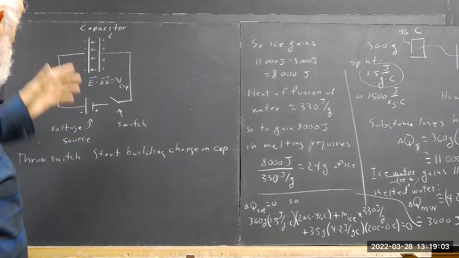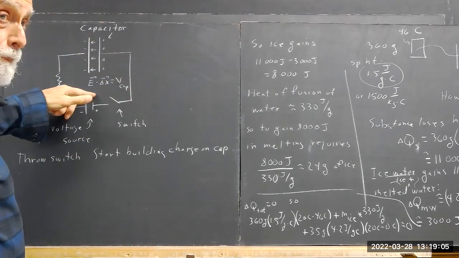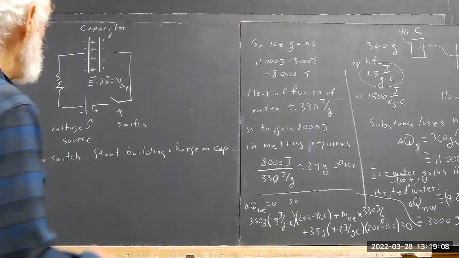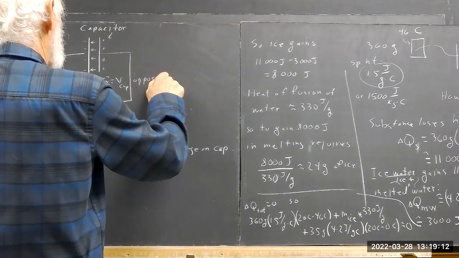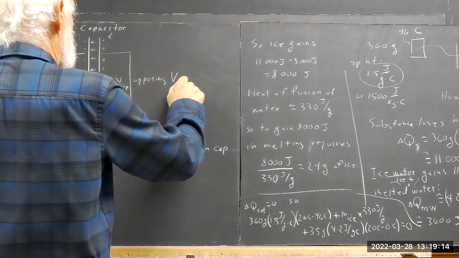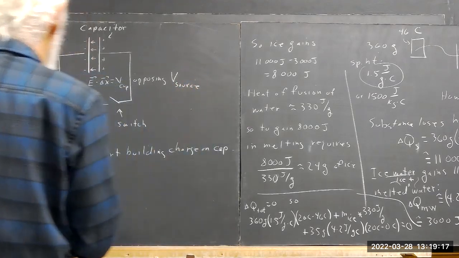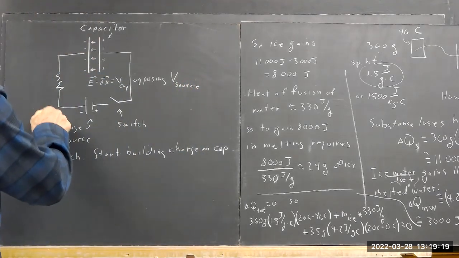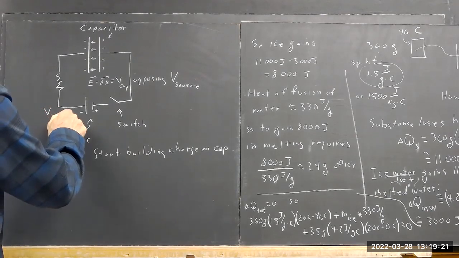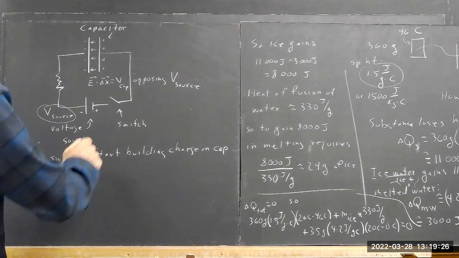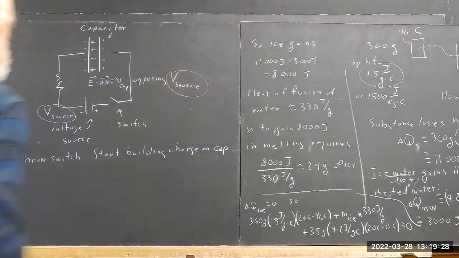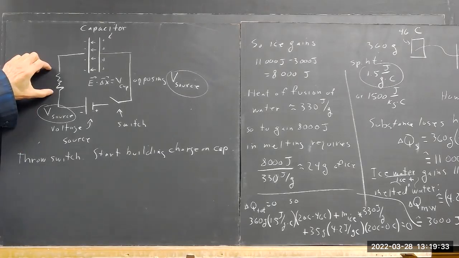Either way you look at it, this capacitor is opposing the voltage of the source, meaning that there's less EMF across the capacitor.